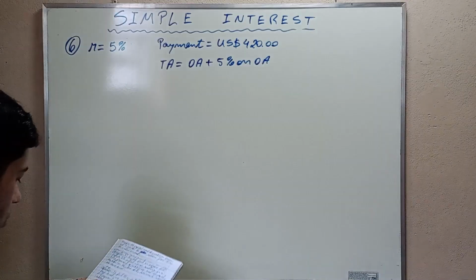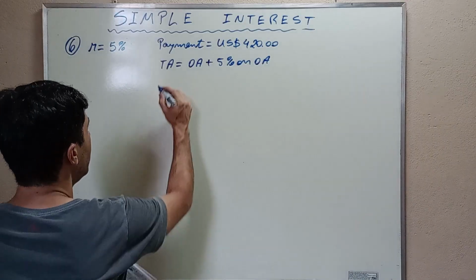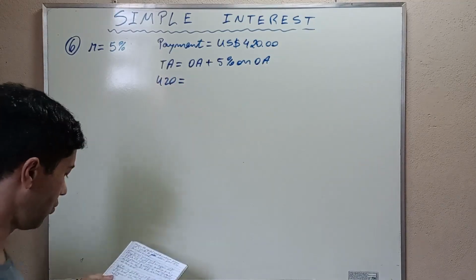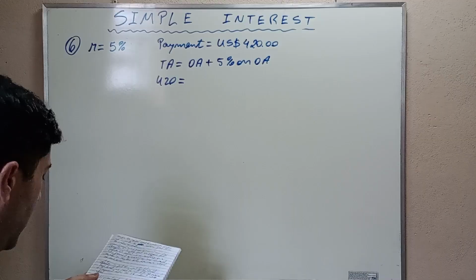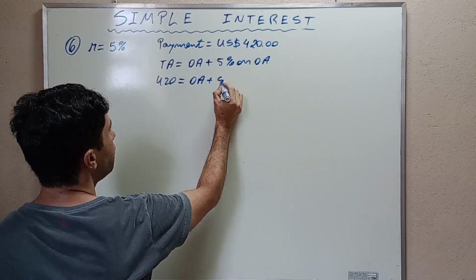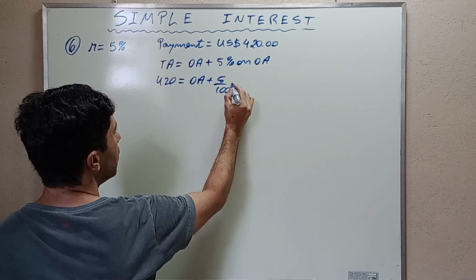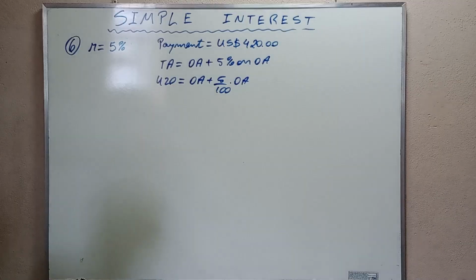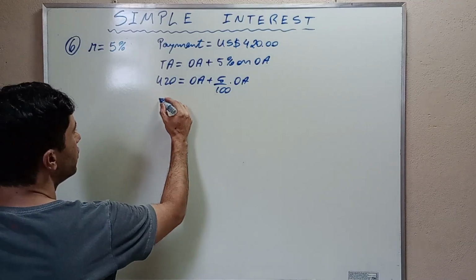So the total amount we know is 420, and the original amount, we are going to calculate the original amount plus 5% of the original amount, okay? We are going to equate this in this way.